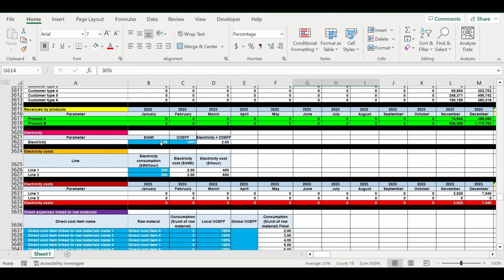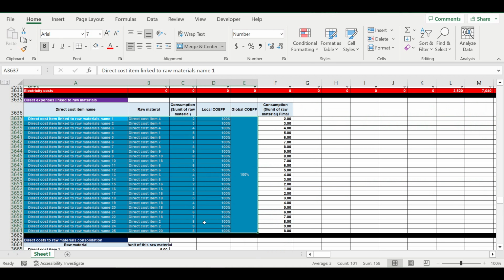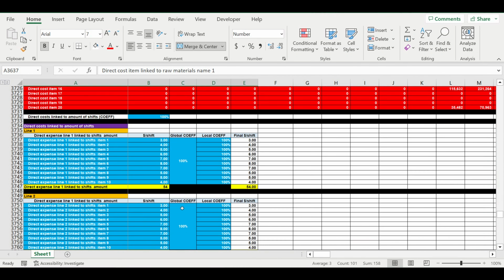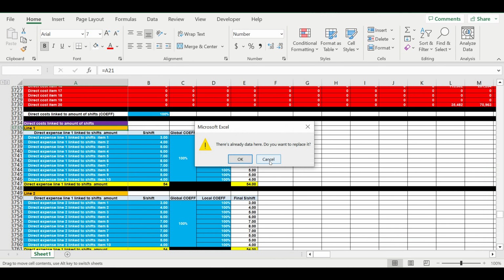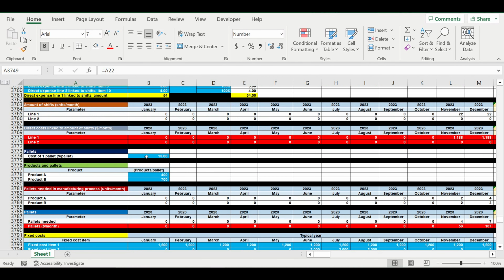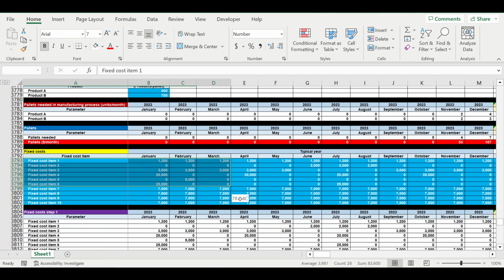Then we start working with electricity costs. Then we describe the direct expenses linked to the amount of raw materials needed for the production plan. Then we model the direct costs that are linked to the amount of shifts for line 1 and line 2. Then we have some packaging expenses. We calculate pallets costs. Then we work with fixed costs.